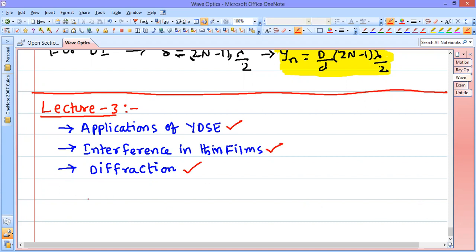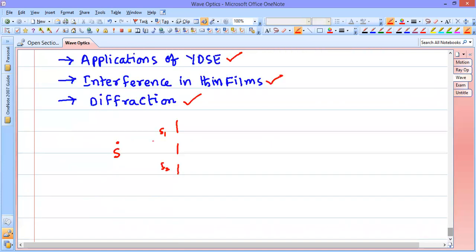Firstly, in the YDSE, we studied that we are having a source and a double slit, S1 and S2. The distance between the two slits is small d.